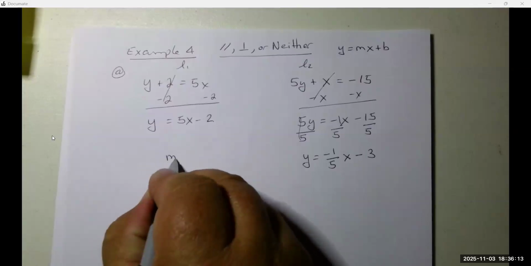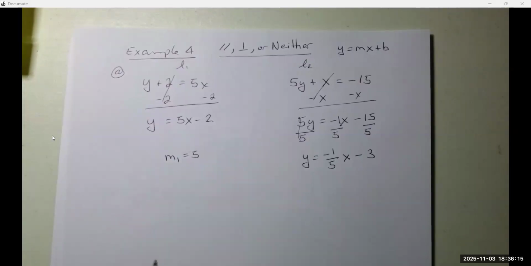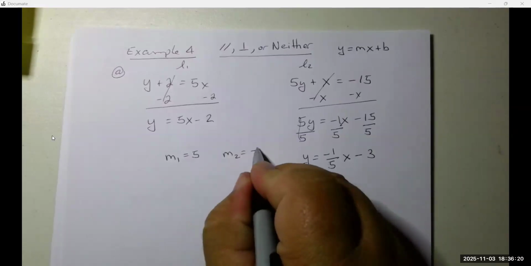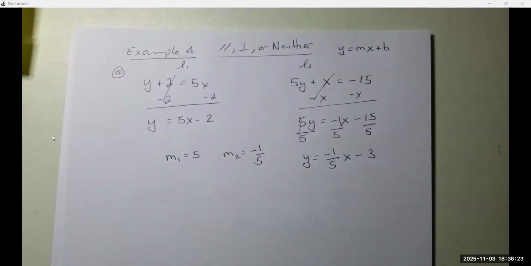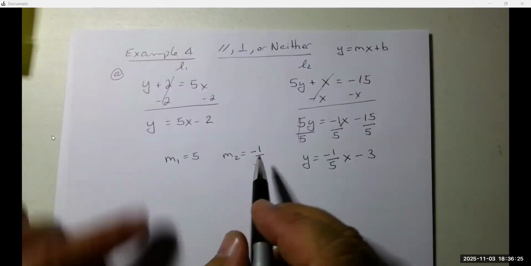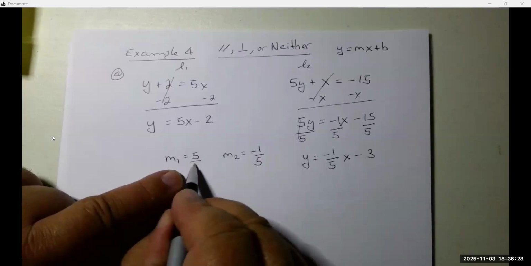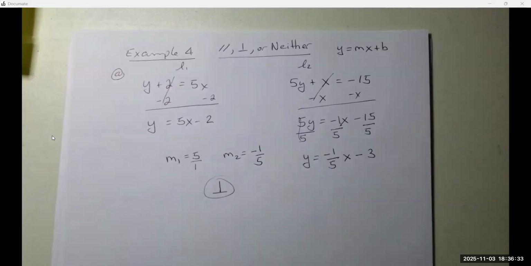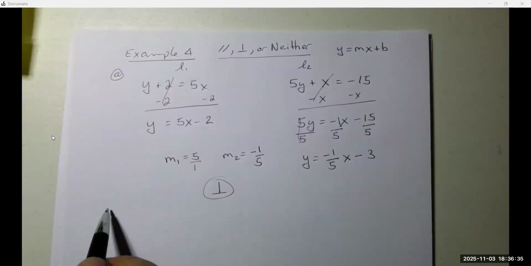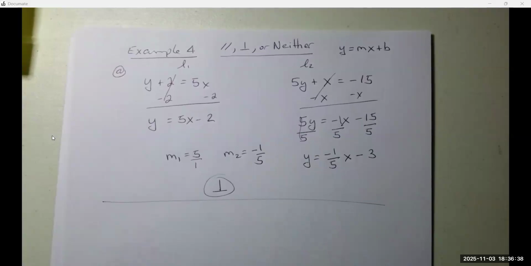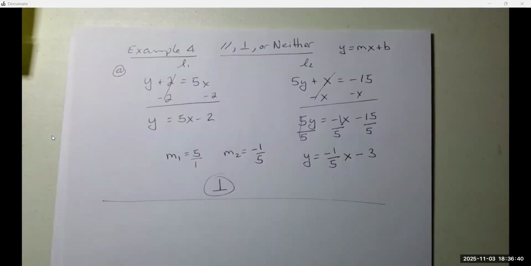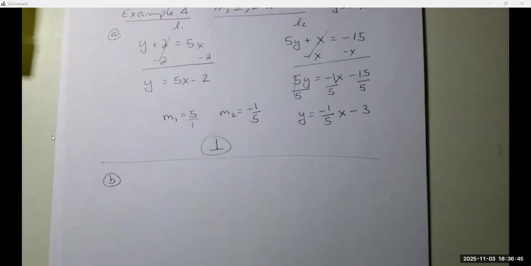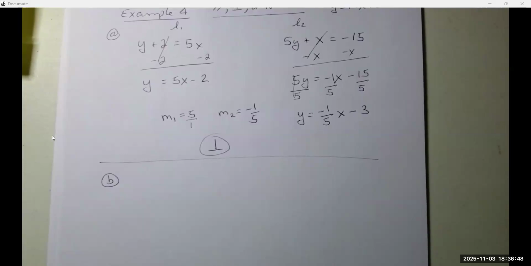So the slope of line 1 is 5, and the slope of line 2 is negative 1 over 5. They have opposite signs, and they're flips, so this one's perpendicular. Is that what you got? Yeah, that's what I got. Okay, so let's do B.